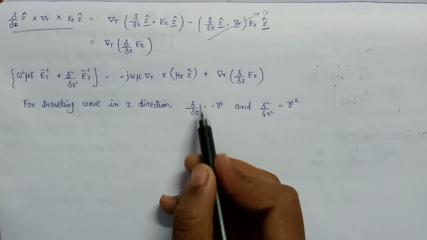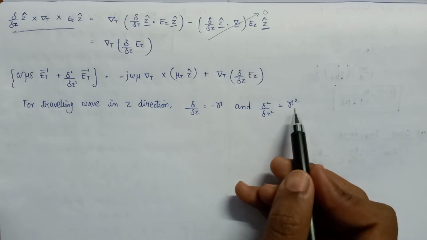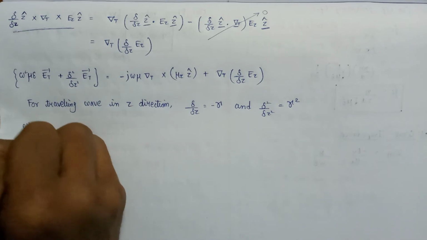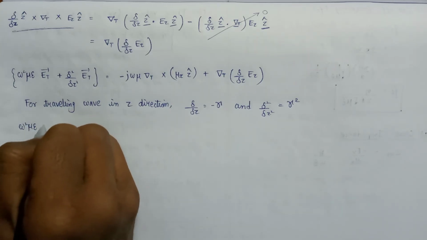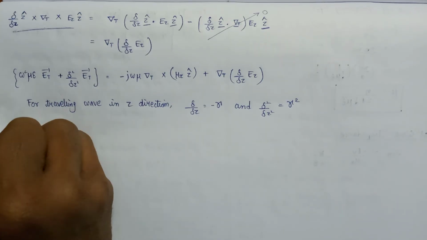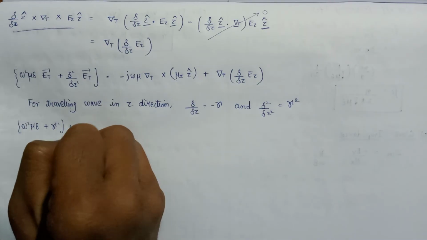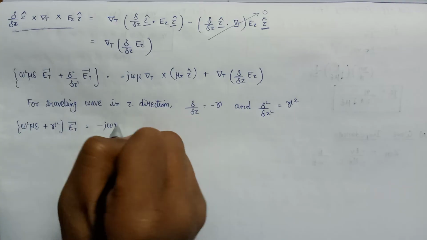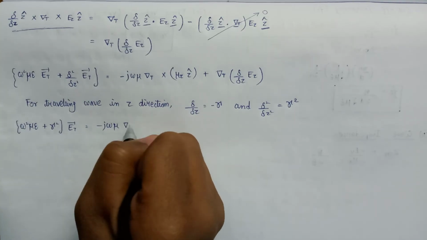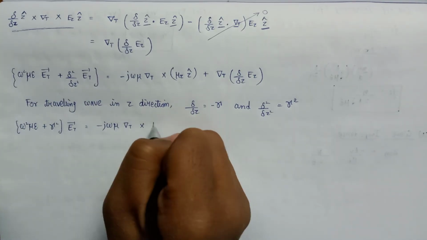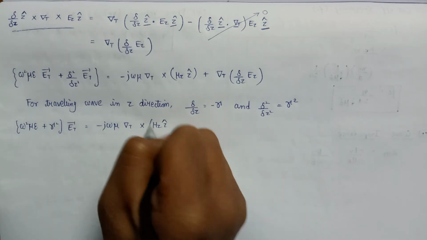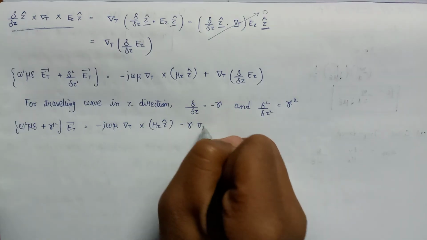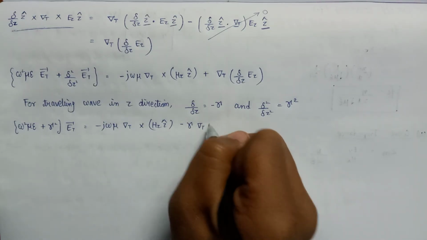So on replacing del over del z and del 2 over del z square with gamma and gamma square, we get omega square mu epsilon plus gamma square E transverse equals to minus j omega mu into del transverse cross product with Hz into z cap, minus gamma del t Ez.